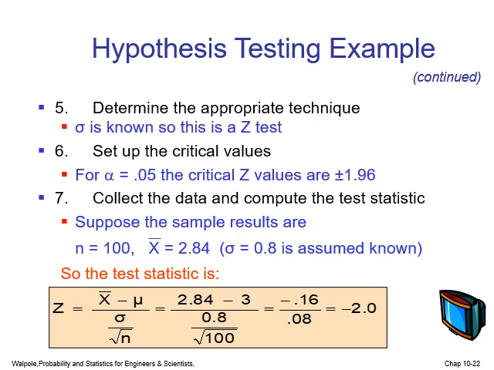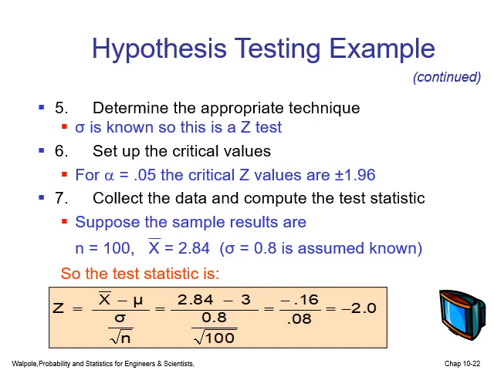For known variance, we use the z-test, or z values. After that, we need to set up the critical values. For alpha equals 0.05, the critical z value equals 1.96.